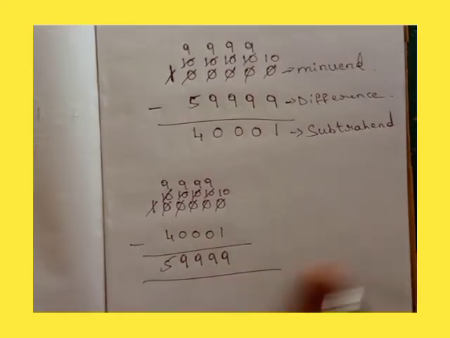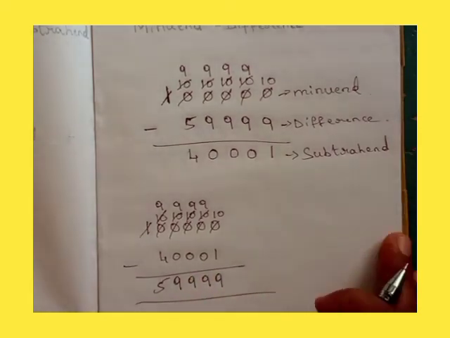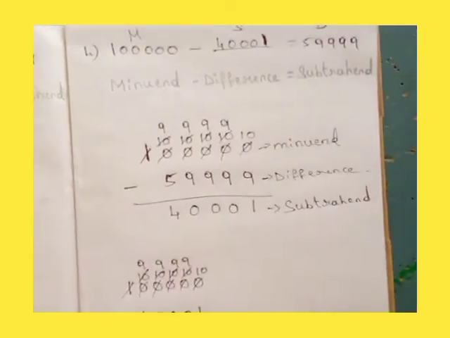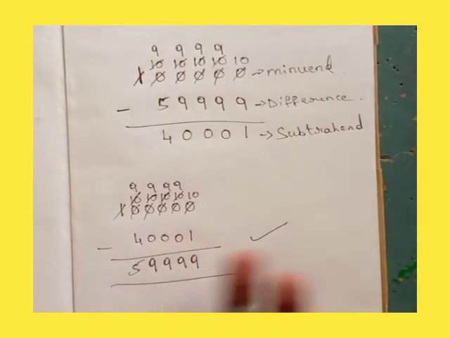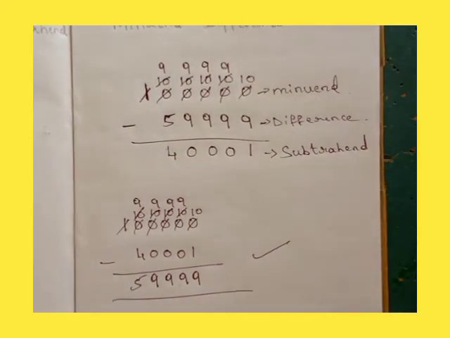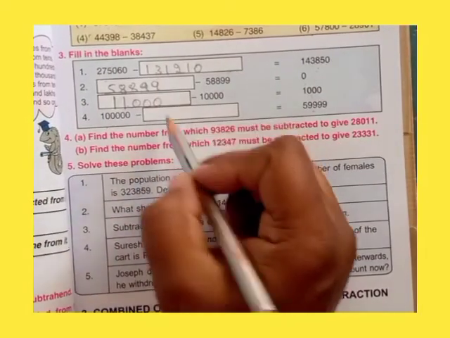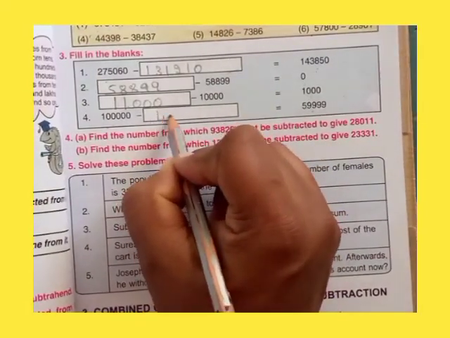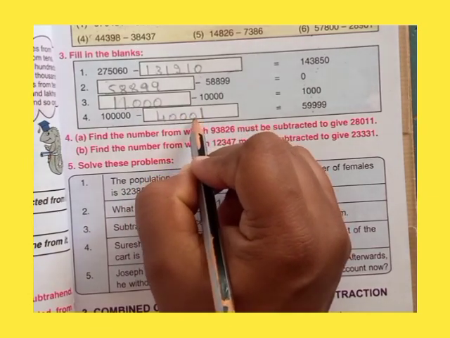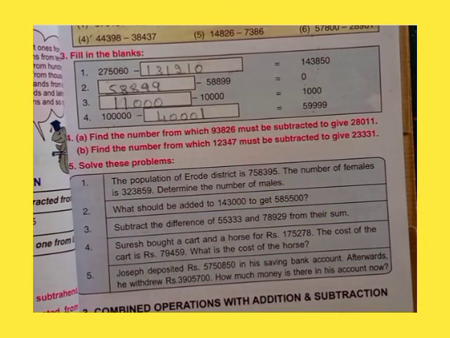So did you get the difference, dear children? 59,999. See the difference here? 59,999. Yes, so this is the correct sum. So let's fill up the answer there. The subtrahend here is 40,001. Did you get it, dear children?